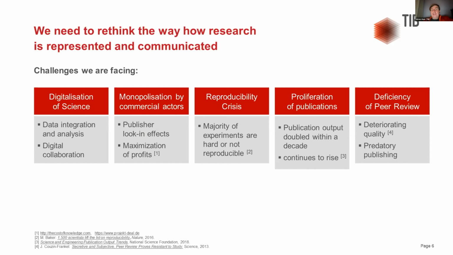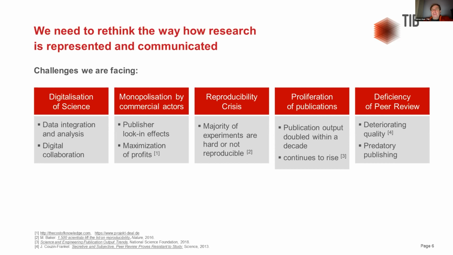Many experiments are hard or not reproducible, and reproducibility is one of the pillars of science. We have this proliferation of publications: the publication output doubled within a decade, and it continues to rise. And you can imagine with this flood of publications, we have a deficiency of peer review. The quality of peer reviewing is deteriorating.